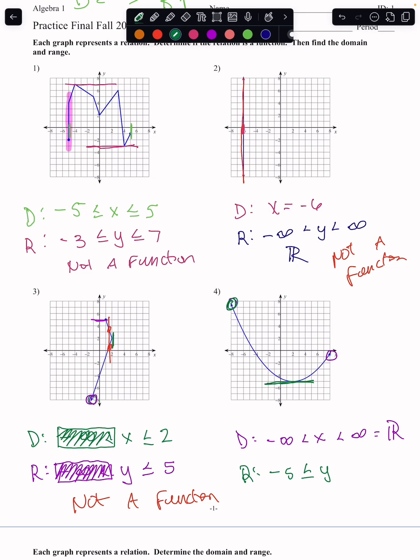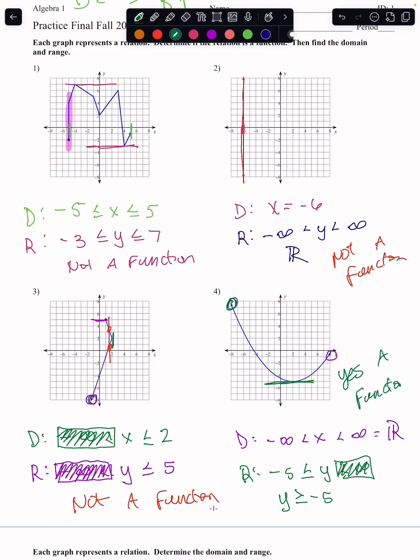But we don't like infinities. So my domain is all real numbers. My range is y is greater than or equal to -5. And is this a function? Yes. A function. Okay. Let's keep going.